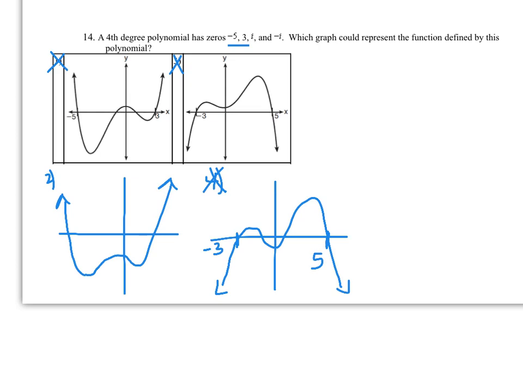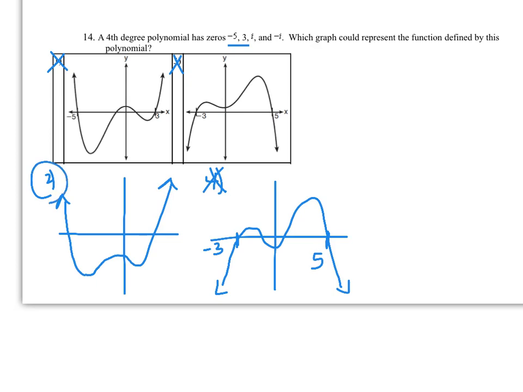Whereas if we look at choice 2, we can see that we have imaginary roots. They're not intersecting the x-axis. Okay? So then our answer, let me get my pen back, sorry, would be choice 2.